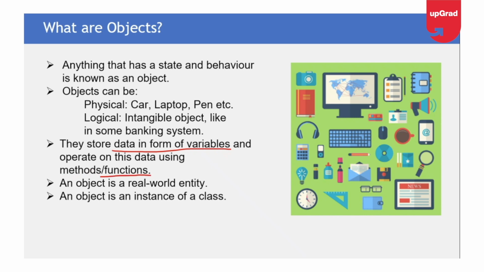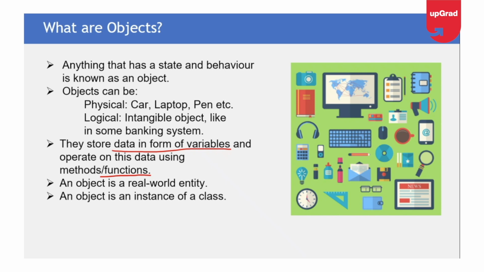Objects can be physical like a car, laptop, pen, etc. Or they can also be logical or intangible, the things we can't touch, like our bank account. We can't touch our bank account, but it is an object. So objects are basically real-world entities. In object-oriented programming, objects are an instance of a class.